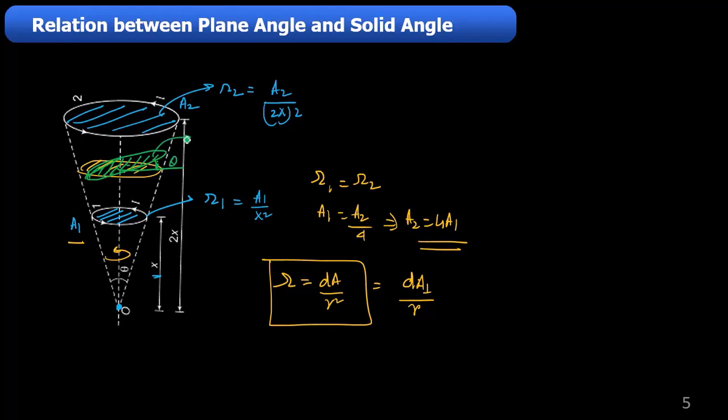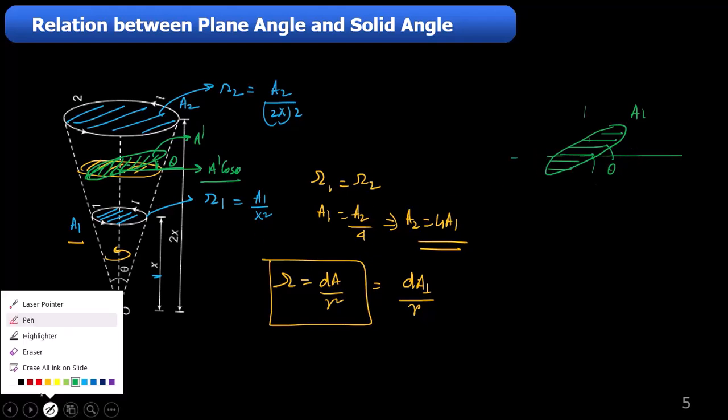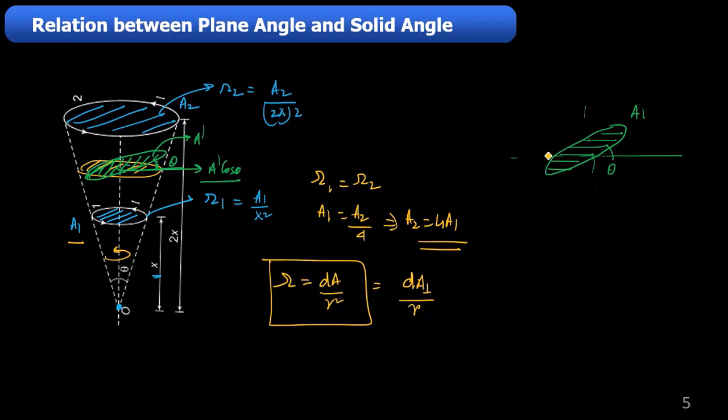If I say this area is A prime, the horizontal component of area should be A prime cos theta. Initially I took the area as this area, the area of the cone. This area is A prime. Now this area is at an angle theta with the horizontal. So I want to calculate the component of area along the horizontal direction, that is the projection of that area. I want to calculate this yellow area.